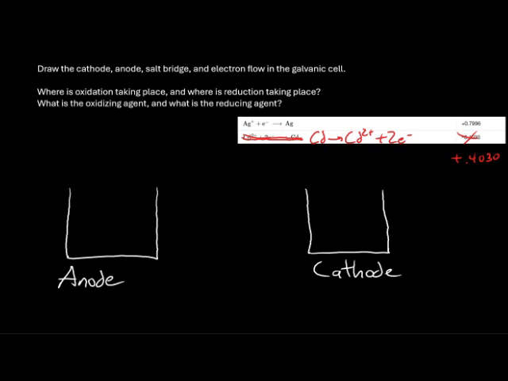The anode is where the reversed reaction takes place. The reaction that takes place at this anode is going to be our reversed reaction from earlier, and that is cadmium yields cadmium 2 plus plus 2 electrons. To draw the anode, we'll draw a liquid, and we'll say that that liquid contains cadmium 2 plus, the charged version of the cadmium.